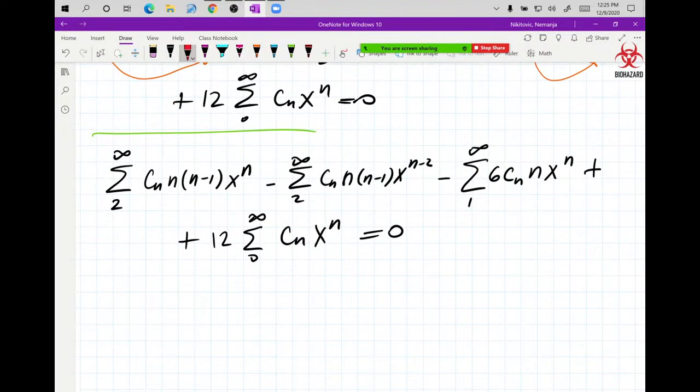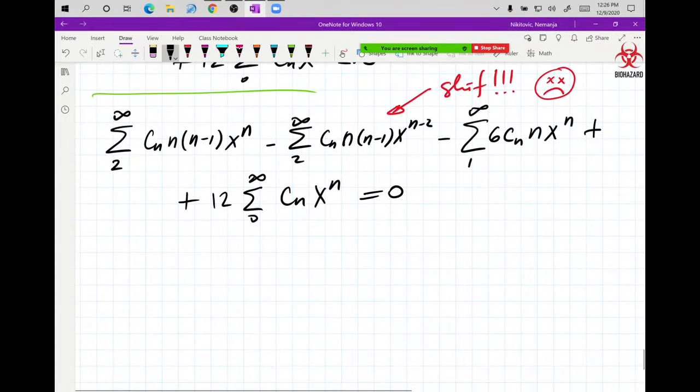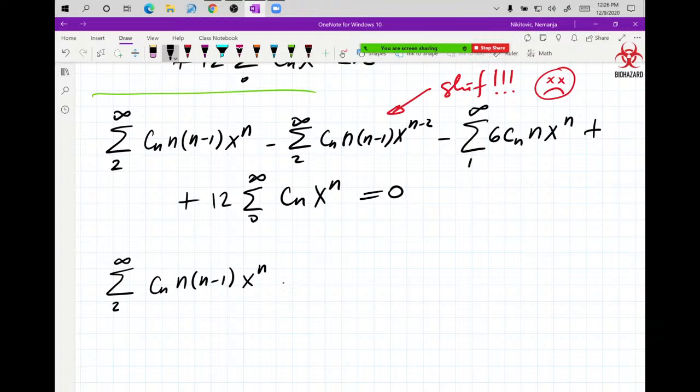So I need to shift this one. Well, we kind of learned, right? Shifting, it's just going to bump everywhere plus 2. So summation 2 to infinity Cn n (n minus 1) x to the n, and then minus summation 0, right?